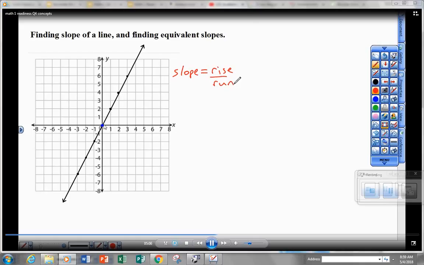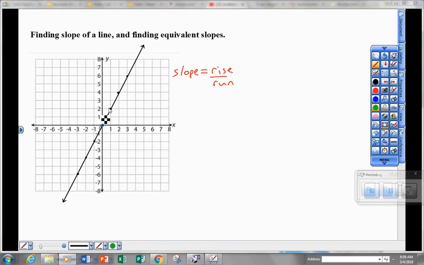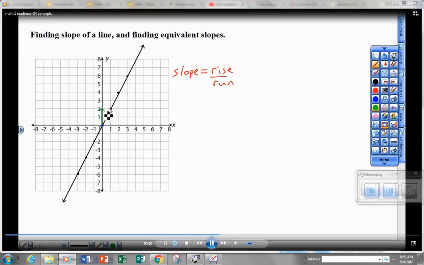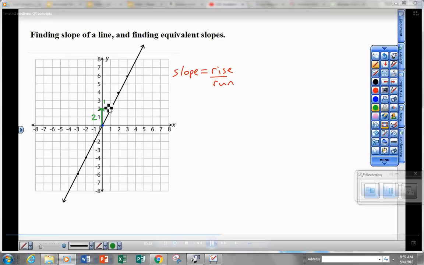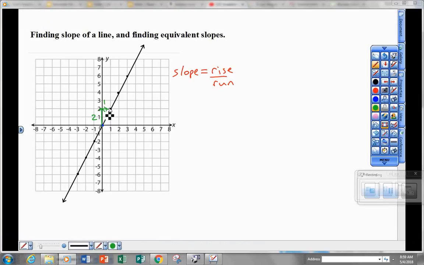That is a slope of 2 over 1, a slope of 2. So the slope of that line again is up 2 over 1. 2 is my rise, 1 is my run. So that is 2 over 1. Up 2 is positive 2, right 1 is positive 1.